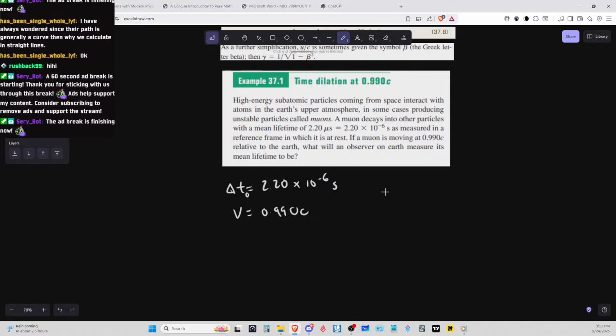So if we put that in the equation we have for time, the proper time times 1 over the square root, giving us, so if we put the numbers in, because I think we can just plug in, 2.2 times 10 to the negative 6 power over the square root of 1 minus 0.990 squared.